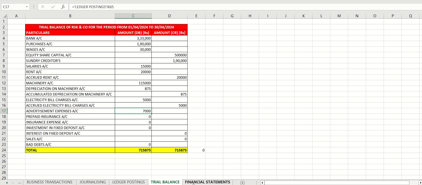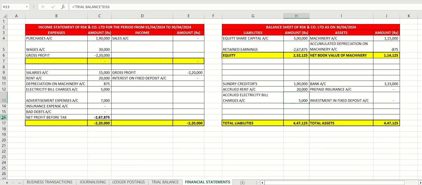Now let's move to the financial statements and try to understand how these are supposed to be shown or reflected. Advertisement expense, being an expense, should be shown under the expense side in the income statement. As it has already been paid out, this amount already got adjusted against the bank account.